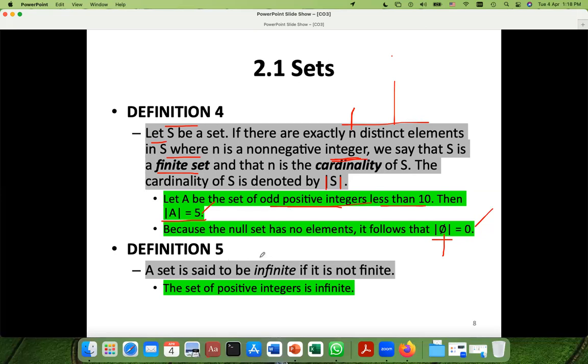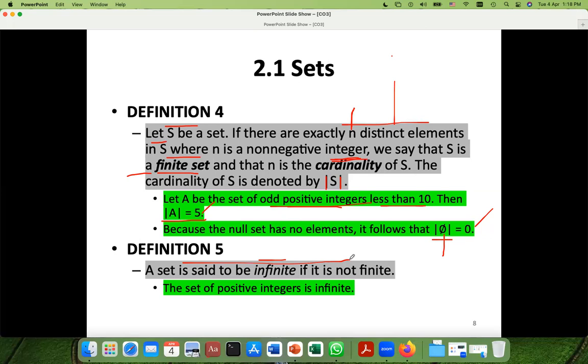Now we have another definition. What is the definition for infinite? So you have seen the definition for the finite. Then you can give the definition for the infinite. The set which is not finite is the definition for the infinite. Easy way. When you have the understanding of finite, only then you can give this definition.